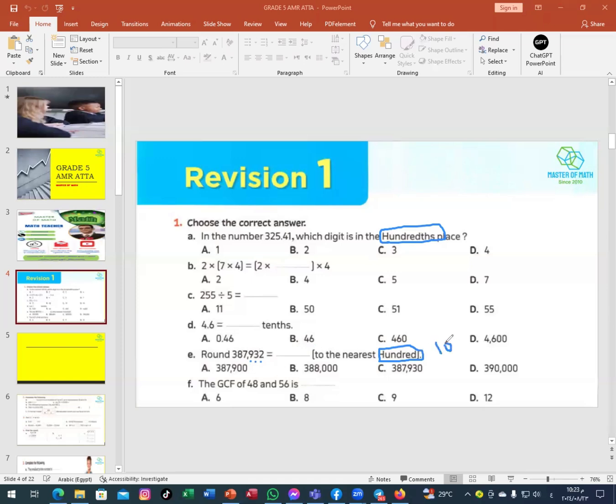100 has 2 zeros. So when we want to round to the nearest hundred, we cancel 2 numbers from the right and put 2 zeros in their place. And we look at the last number which we cancelled. If the number is 0, 1, 2, 3, 4, it's a miserable number, it doesn't give anything.